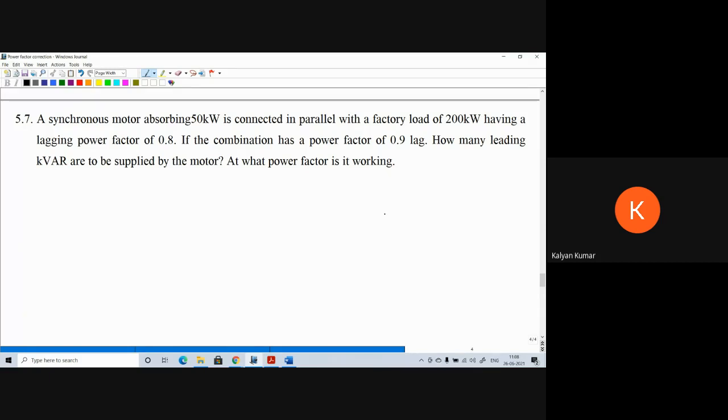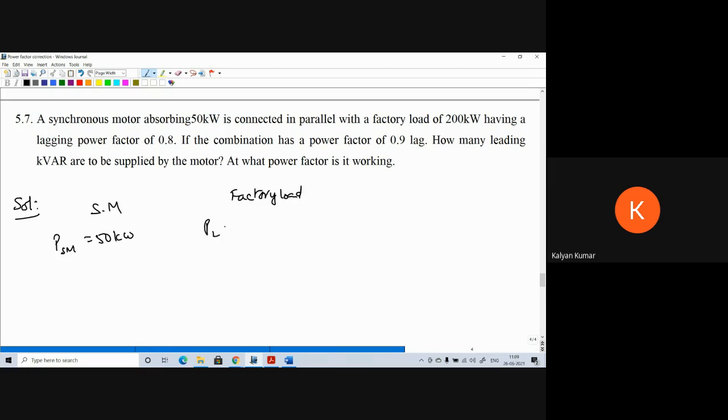So in this problem, they have given a synchronous motor taking input power of 50 kilowatts, and it is operating in parallel with a factory load.